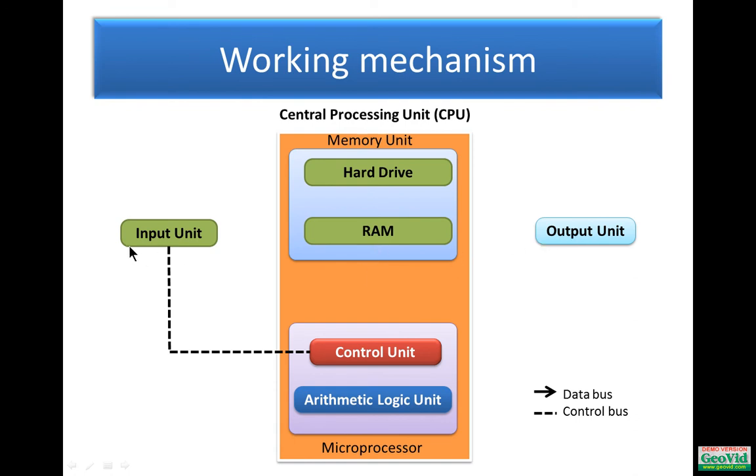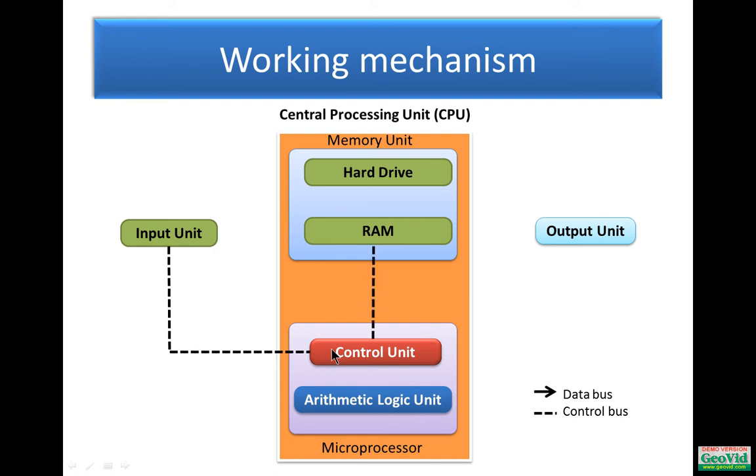Like the input unit is there, the control unit will take input from the input unit, and the control unit will give output to the output unit, but it only gives the instruction commands. It commands them to receive or give the data.